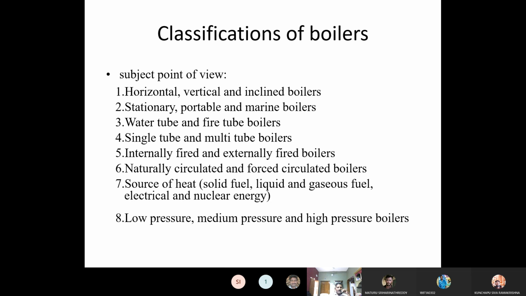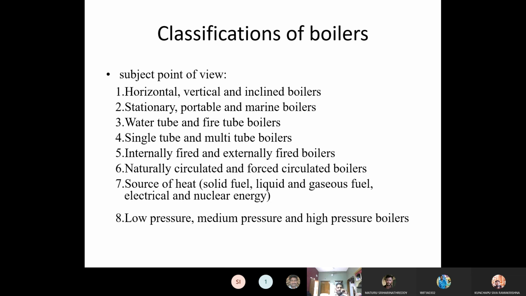And what is your idea on fire tube boilers? If anyone asks, a fire tube boiler is a boiler in which hot gases flow through the tubes, and over the tubes water is present.